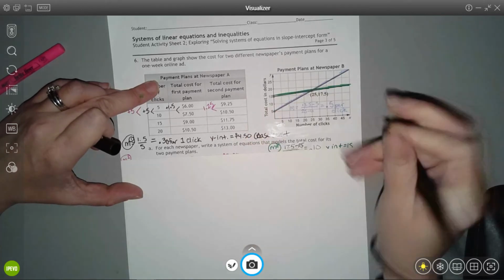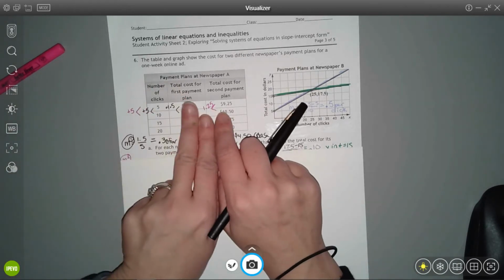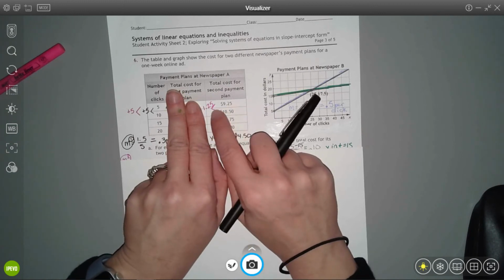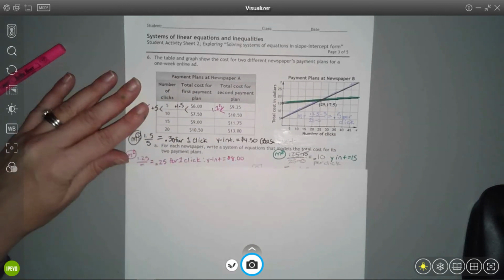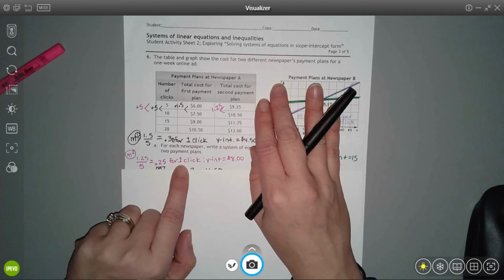And then I had to do the same thing for the second. So we're going to ignore that middle line here. We're looking at the second payment plan. That's $1.25 divided by the change of 5 to get 25 cents for 1 click. And again, I took that back.